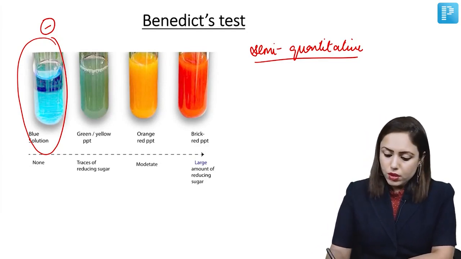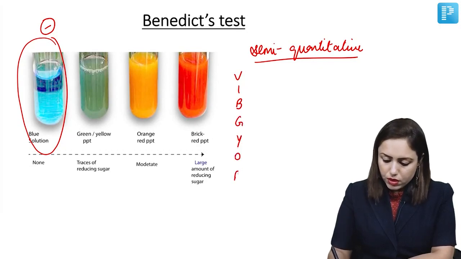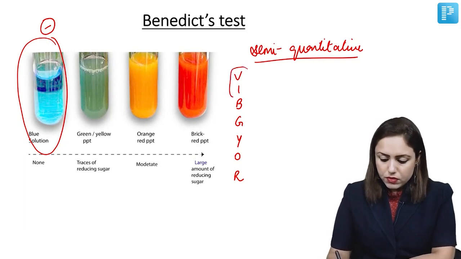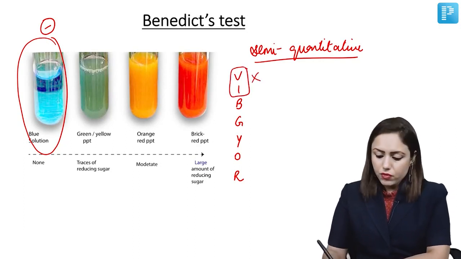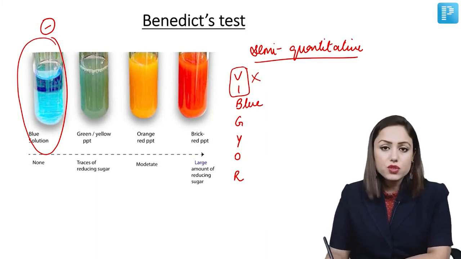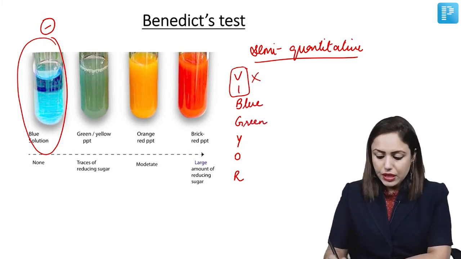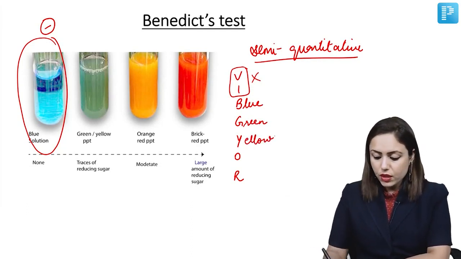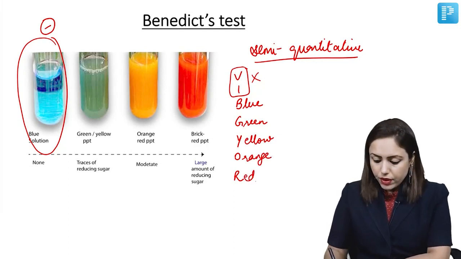So now how to learn here? You know the color spectrum Vibgyor. Let's write that Vibgyor in a sequence. Delete this V and I, we don't need that. Starting from B, that is B for blue, then G for green, then Y yellow, then O orange, then R red.